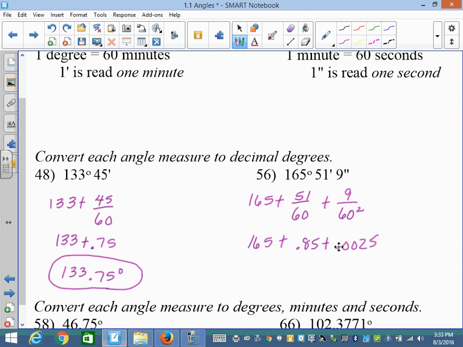And this is when I get to remind you to line up your decimals to add them. So in the end, you're going to get 165.8525 degrees, and that will be your answer.